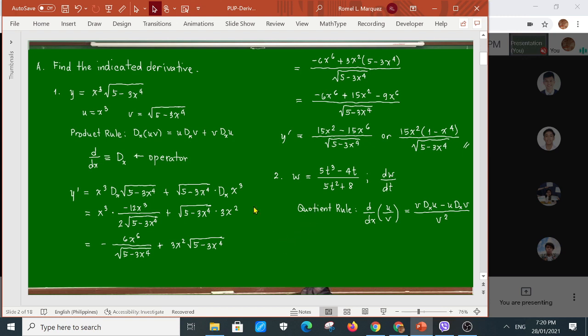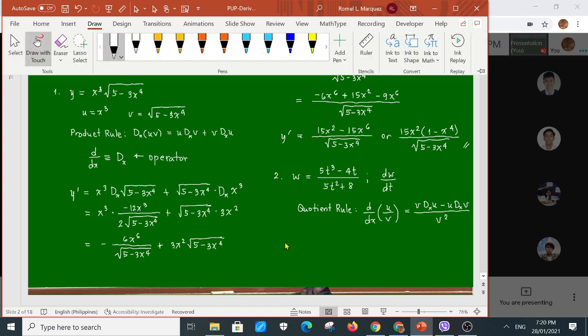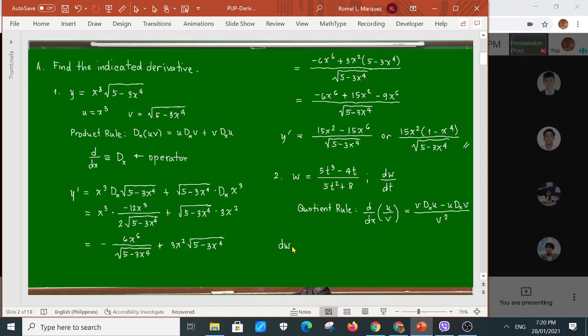So, getting now the derivative of W with respect to t. But our formula is with respect to x, so you just replace the x with t. So, quotient.